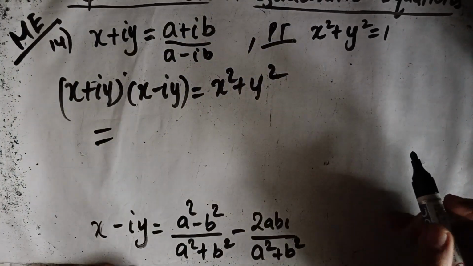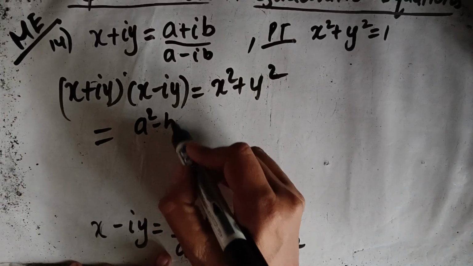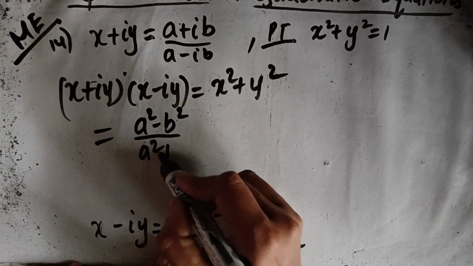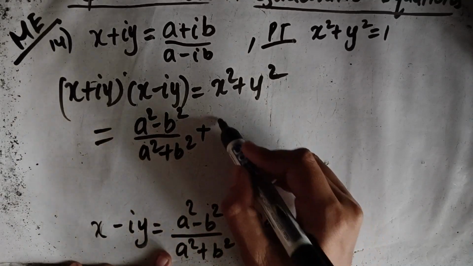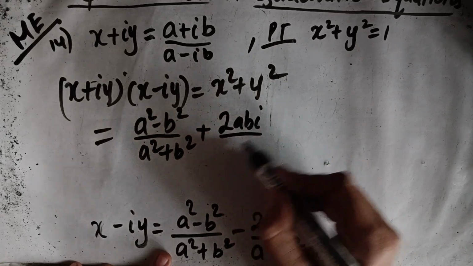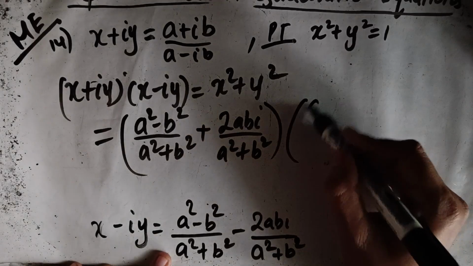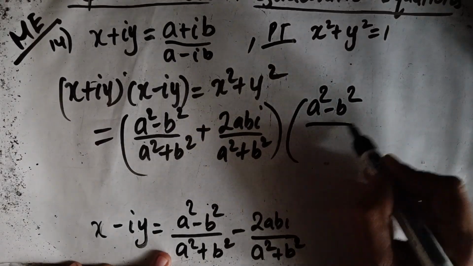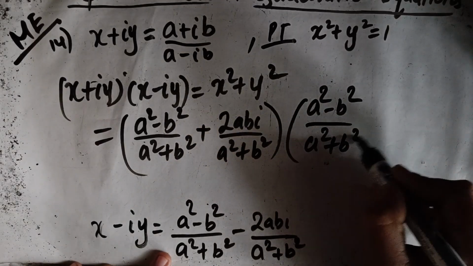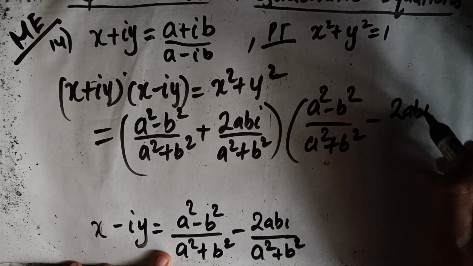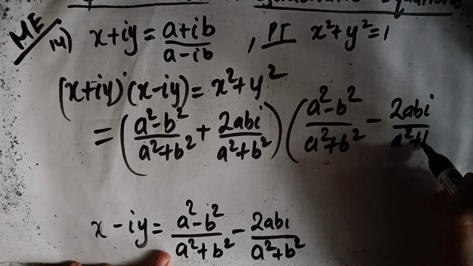So this is (a square minus b square upon a square plus b square plus 2abi upon a square plus b square) into (a square minus b square upon a square plus b square minus 2abi upon a square plus b square).